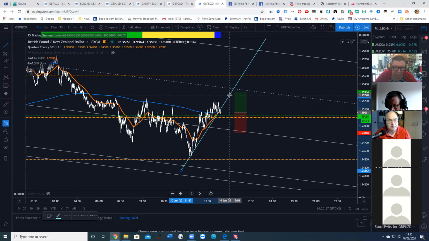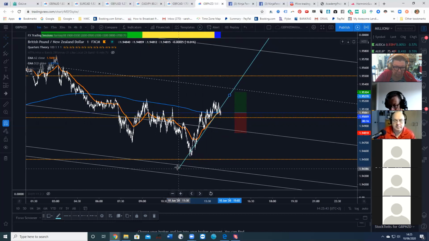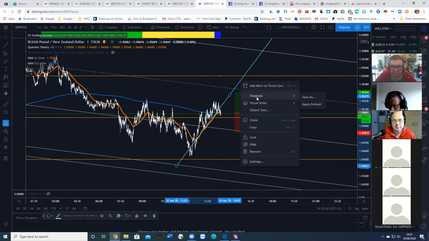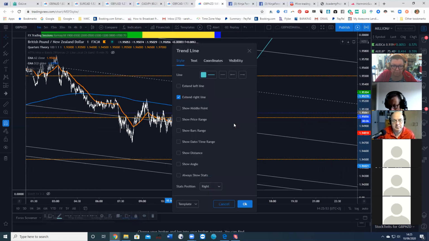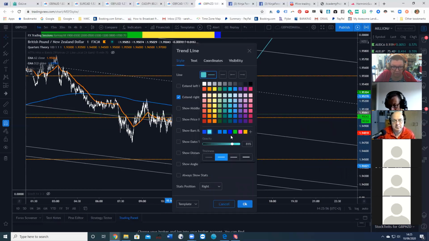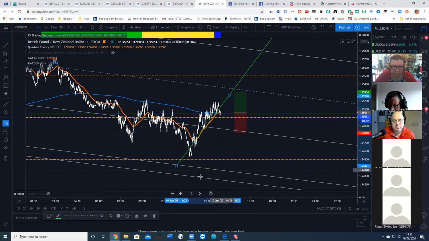And it's just breaking that now with a break and a retest. So you could either put your trend line like that. I'll leave it like that, I like that. And settings, I'll just change it to green because that's how I do my trend lines.